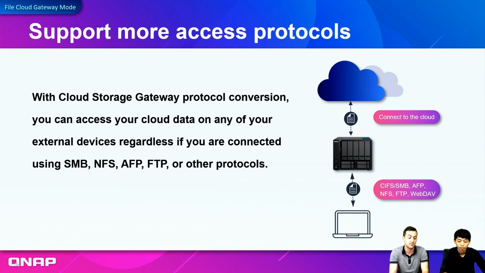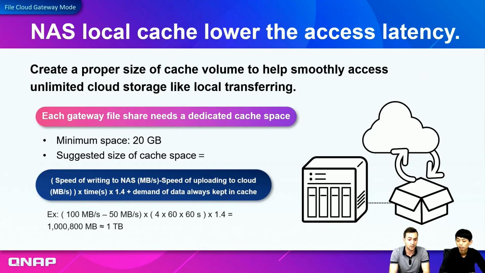It is very fast and keeps the NAS in between your computer and the cloud. So creating the local cache, as we kept mentioning by far, increases the speed of accessing and lowers the latency of accessing this data. So once we create a proper size of this cache volume, we can have unlimited cloud storage like local transferring.